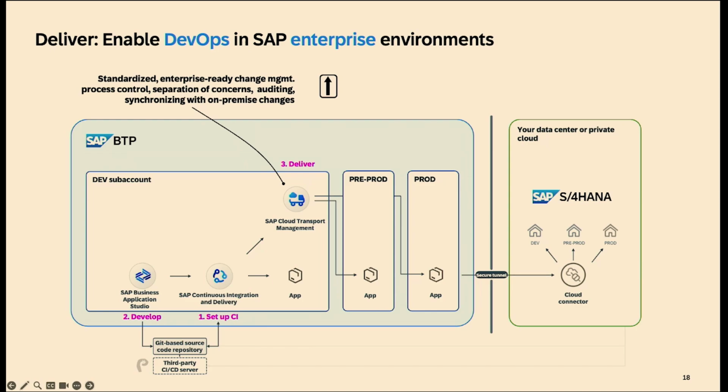This is also a service in SAP BTP, a transport management system that will move your code, your artifacts that are the result of your CI/CD pipeline. Cloud Transport Management System will move that to the pre-production or the production. Okay, so this is how you move your successfully tested code to the next stage.